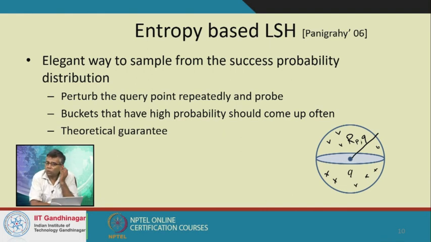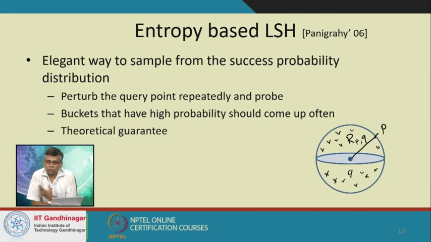Because the probability that a bucket contains the near neighbor P depends only on the distance RPQ, all points on the surface of this sphere have the same probability of falling in that particular bucket. And in that case, if I take multiple points from the surface of this sphere of radius RPQ and look at the buckets that these points fall in, then the buckets that are more likely to contain P will come up more often.